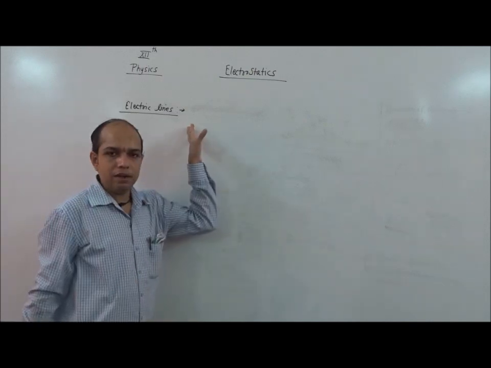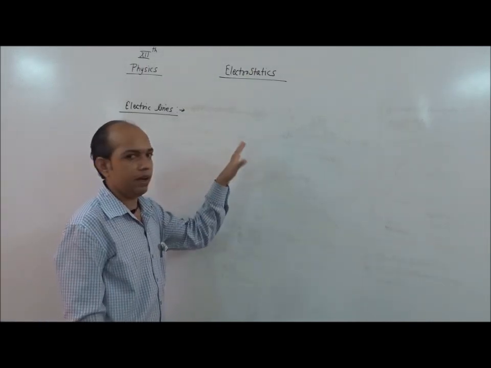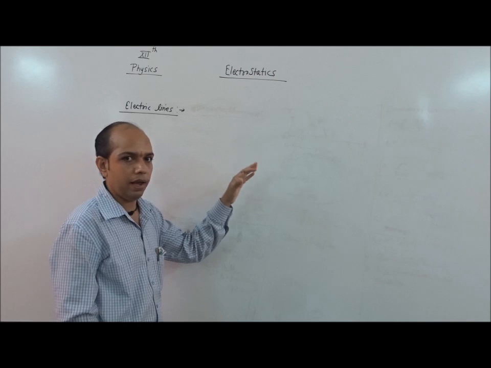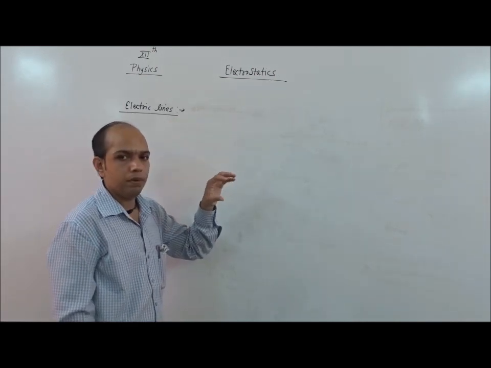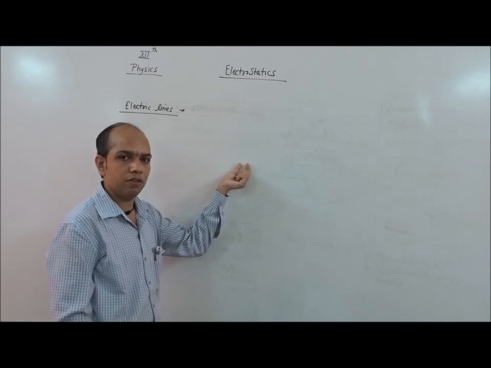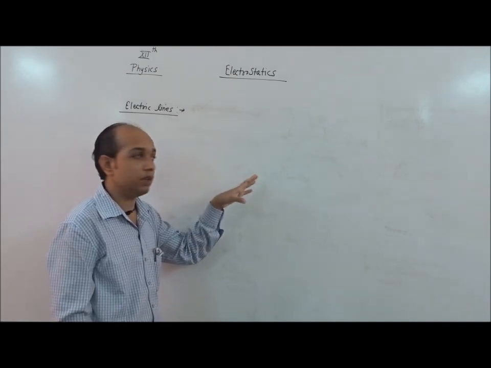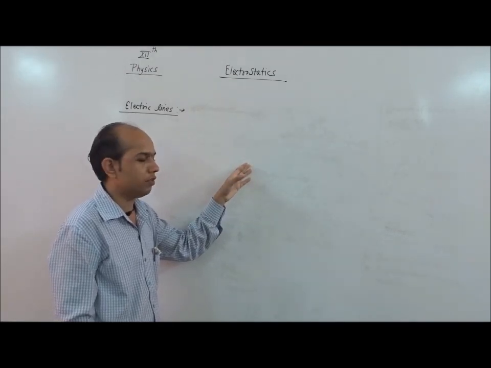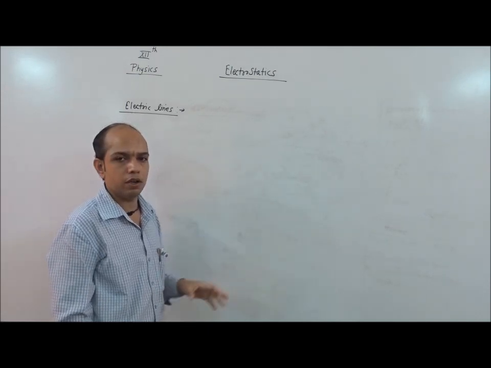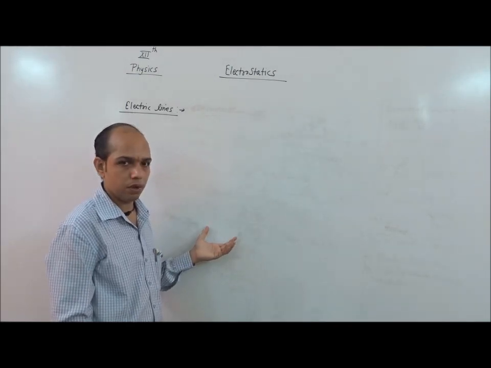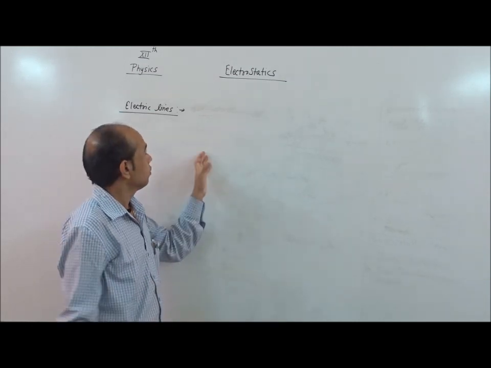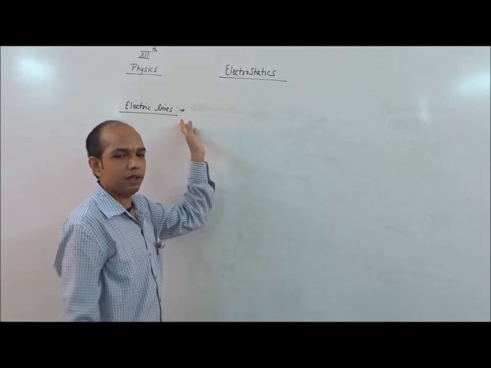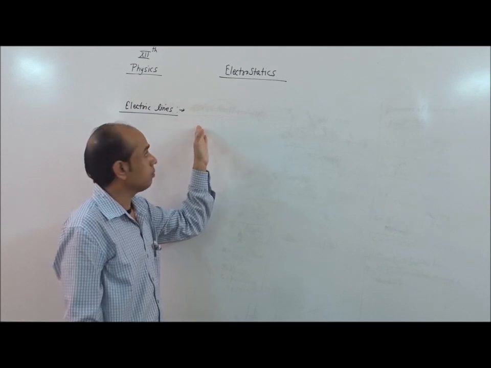So electric lines are basically an imaginary concept like magnet. So whenever we put a charge, either positive charge or negative charge, it produces its own field. Okay. So the own field has some limits. So this limit is determined by the electric lines.